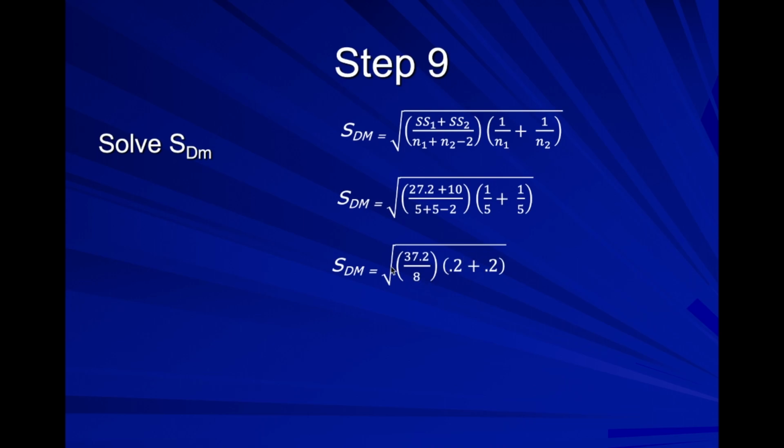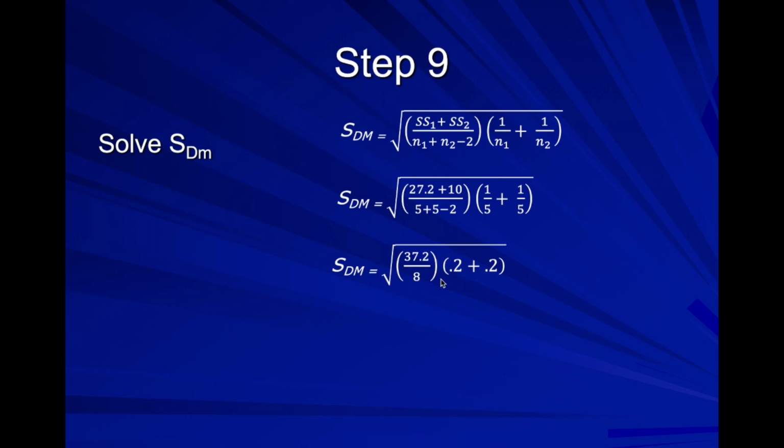If you divide 37.2 by 8, you will get 4.65. And then 0.2 plus 0.2 is 0.4.